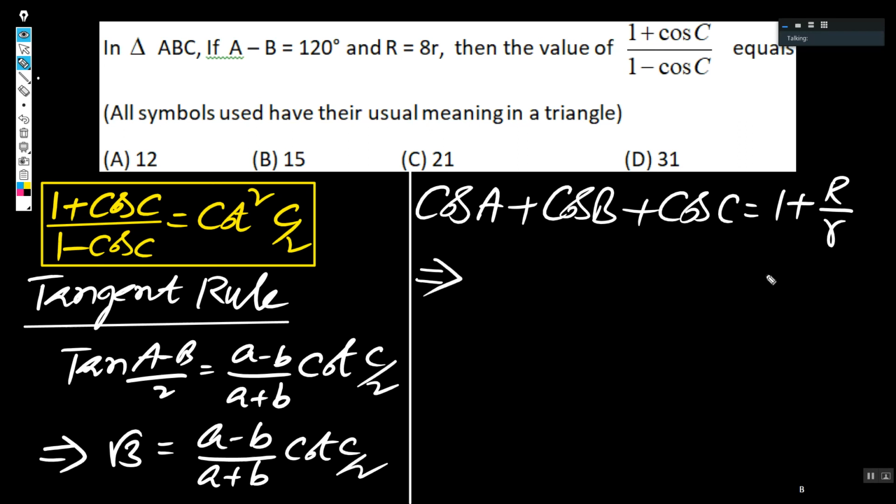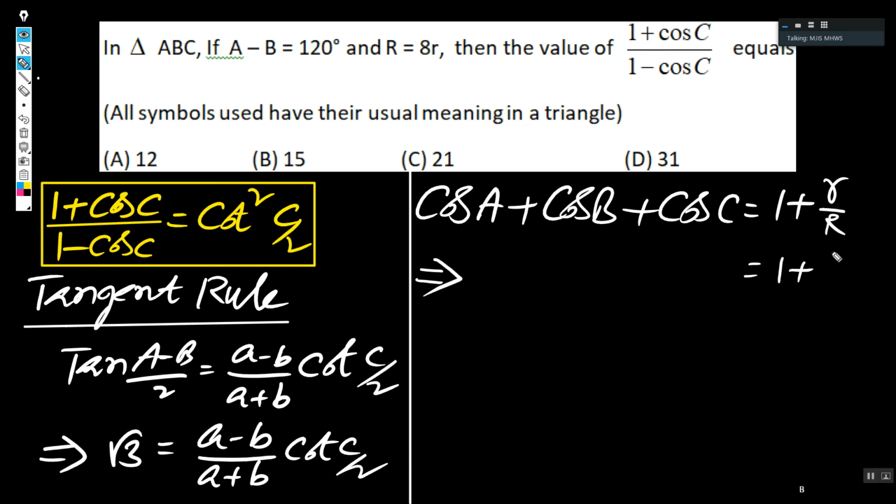If you replace capital R with 8 small r, then you'll get 8, no? Small r by capital R, sorry. So what do you get? 1 plus small r by capital R means it is 1 plus 1 by 8, that is 9 by 8.